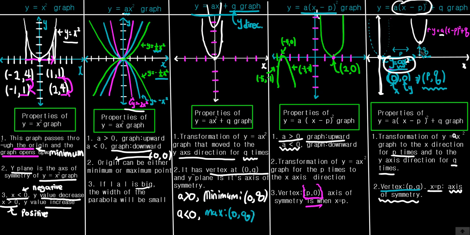So for this term right over here, if you make a dotted line, all you have to see is the value of x which turns this whole expression into 0. And we also know that this will be the new axis of symmetry. The value of x that makes this whole expression turn to 0 is the case when the x value is equal to p. p minus p turns to 0, and then this whole expression turns to 0. So we can say that the axis of symmetry is the case when the x value is equal to p.